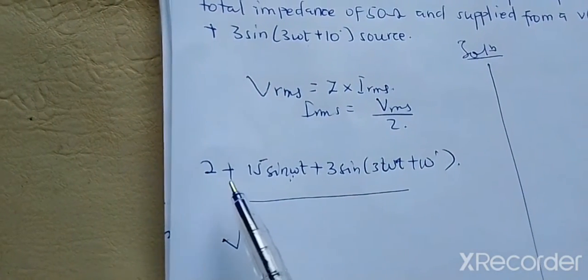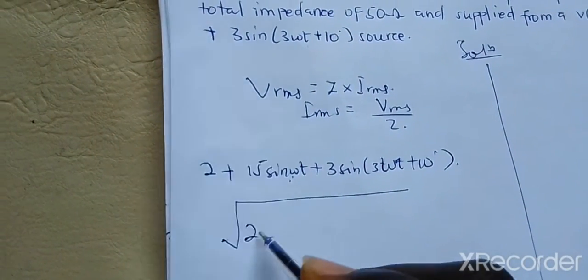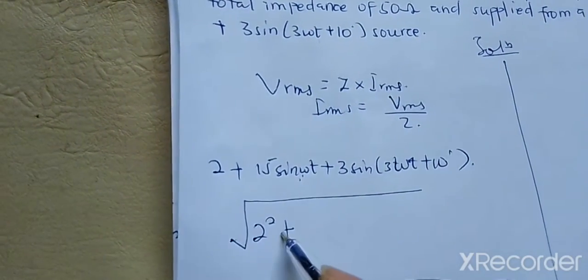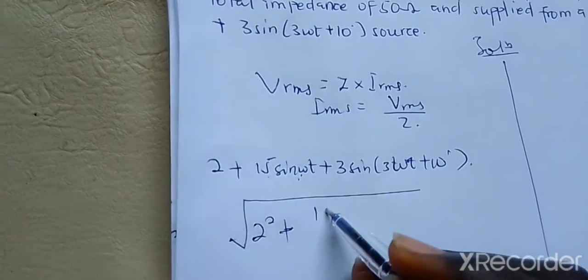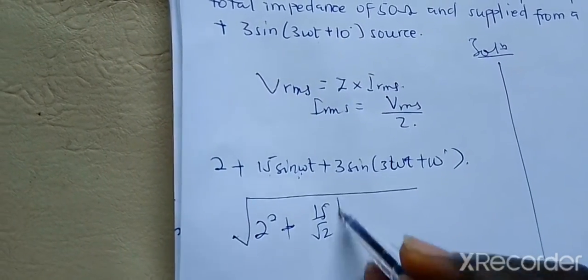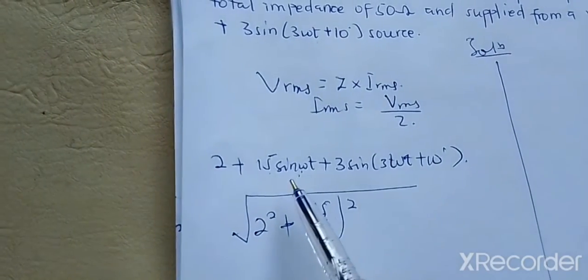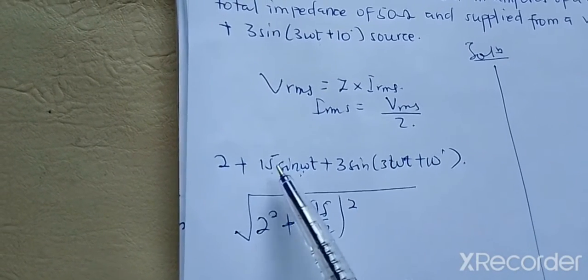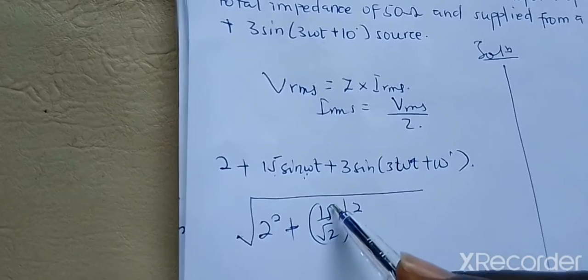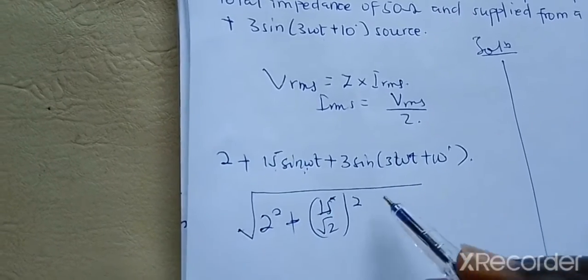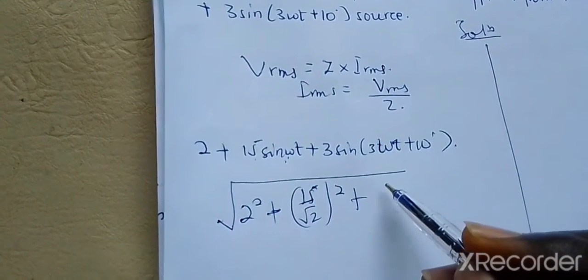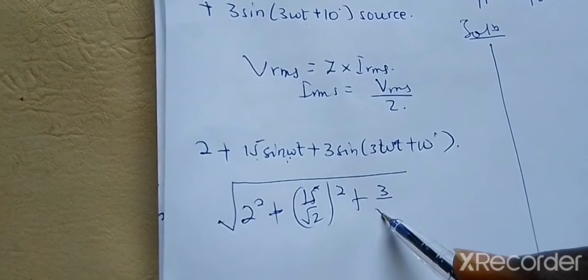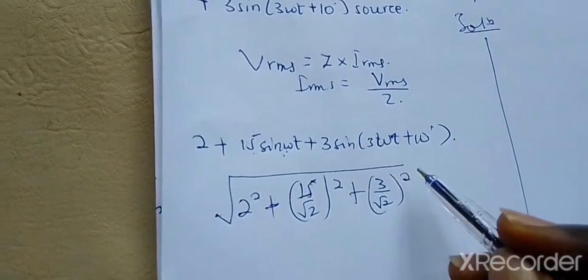The 2 is a constant voltage supply, so you're going to have 2 squared plus, here we have 15 over root 2 all squared. If you want to find the V RMS, it is simply the amplitude over square root of 2. Plus here we get 3 over root 2 all squared.